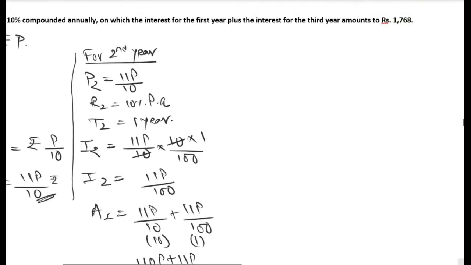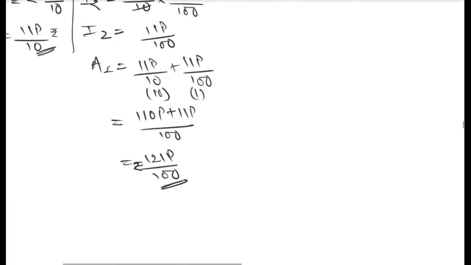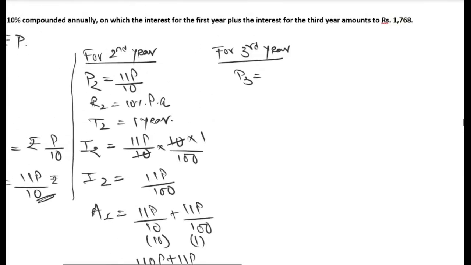Okay. For the third year, what will be the principal for the third year? P3 will be the amount at the end of the second year, 121P upon 100. R3 will be 10% per annum.